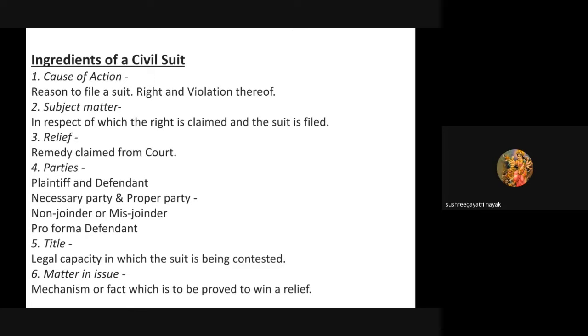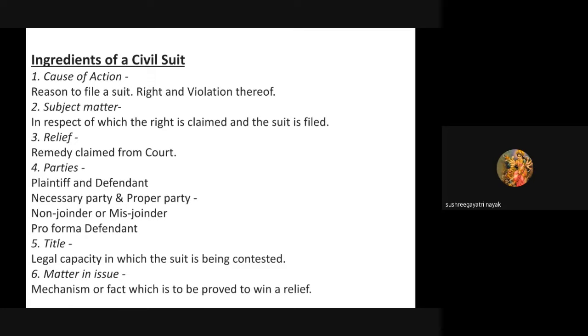We'll study them at length later as well. Non-joinder and misjoinder. It has been made clear by the CPC that non-joinder and misjoinder of party would not adversely affect unless there is a non-joinder of a necessary party. And pro forma defendant, that is another concept that we'll also study later.